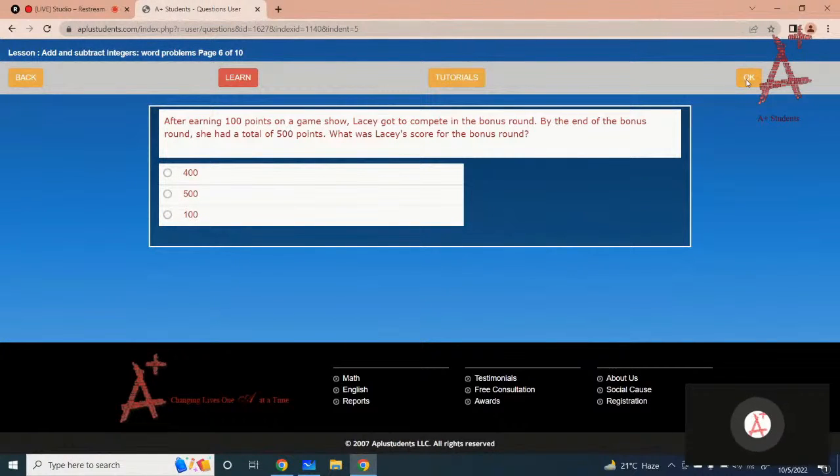Okay, after earning 100 points on a game show, Leslie got to compete in the bonus round. By the end of the bonus round, she had a total of 500 points. What was Leslie's score in the bonus round?